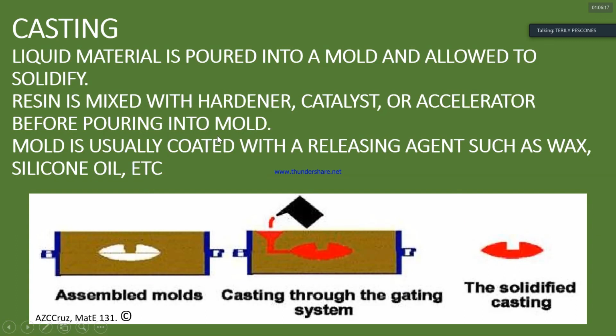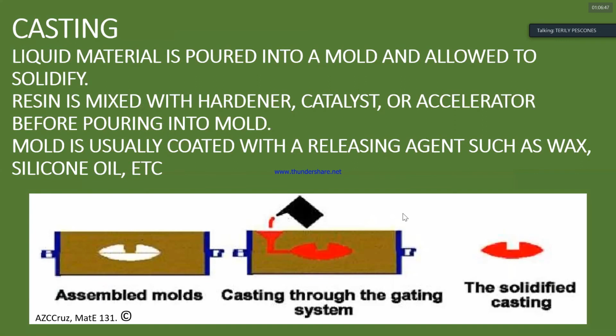Ang purpose ng mga hardener natin or catalyst is para mabilis yung kanilang pag-solidify. Okay, mold is usually coated with a releasing agent such as wax, silicone, or oil. Dalawang separate materials. Tapos, pag inilagay, eto na yung na-form, di ba? The solidified casting.